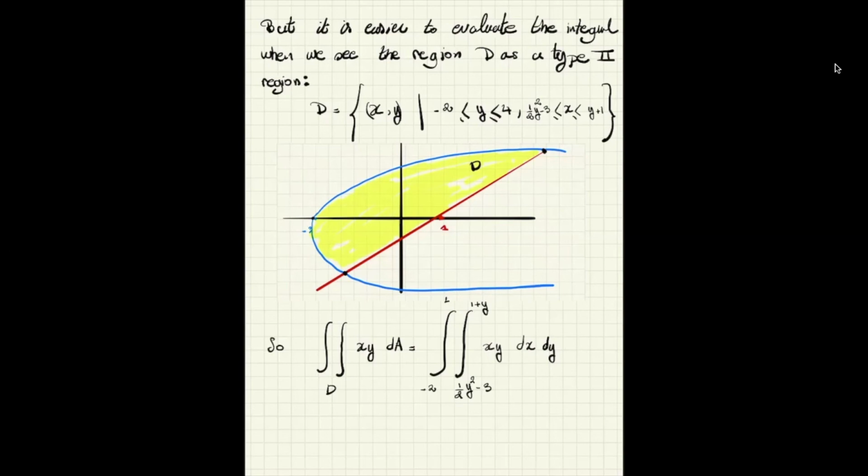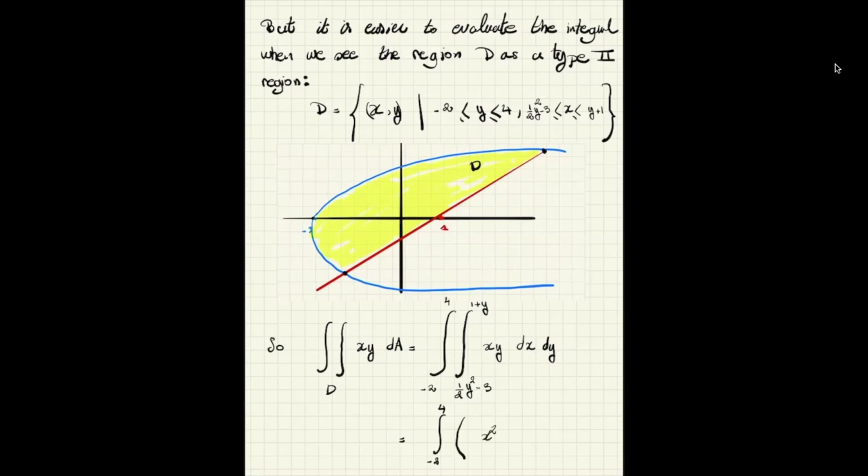All right, so let's continue on this one. Once you've done this, just be careful. y from -2 to 4. Now it's x squared over 2y. Now y is fixed, right?